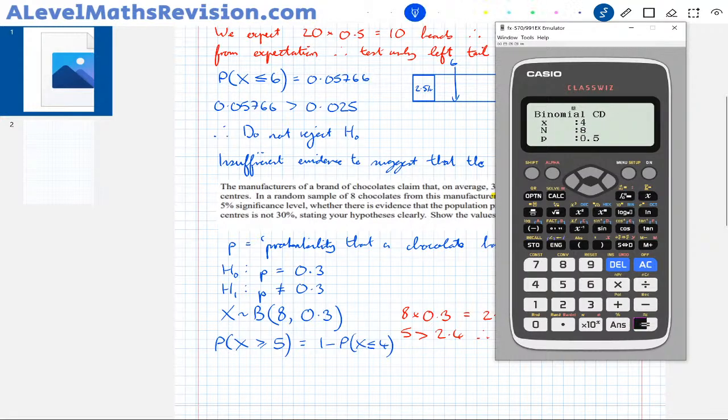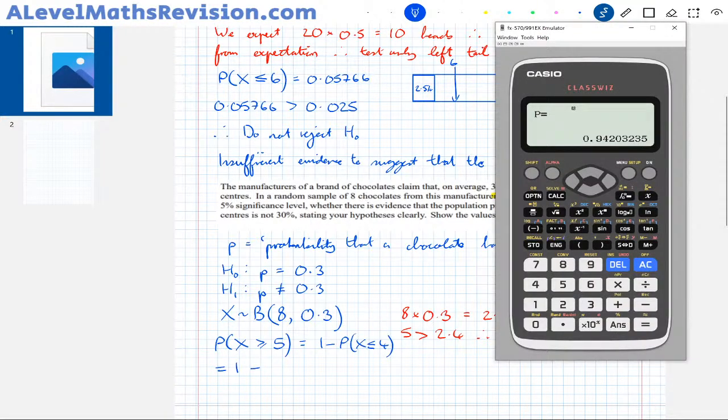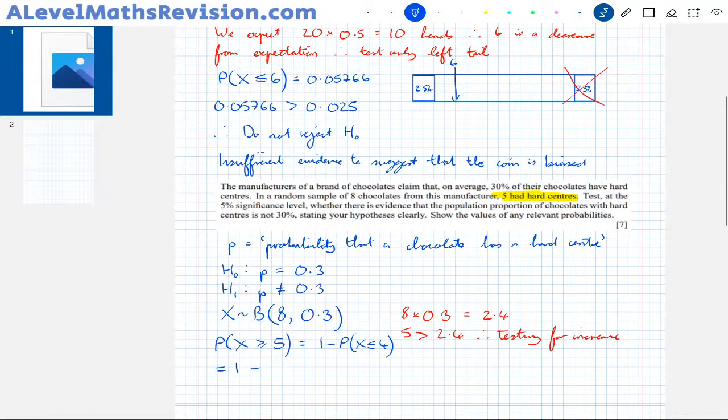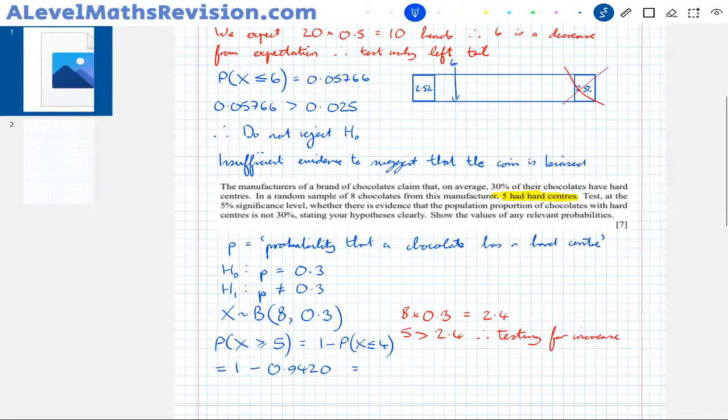Number of chocolates was 8, and the probability of winning, i.e. getting a hard center, is that there. So equals 1 minus, and that number was 0.9420. Which if I go to ordinary calculation mode, 1 minus answer gives us 0.05797.